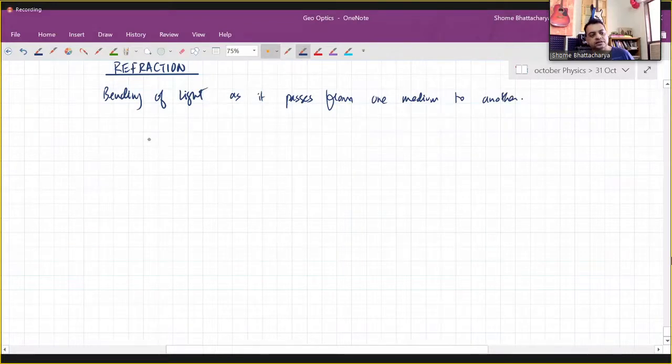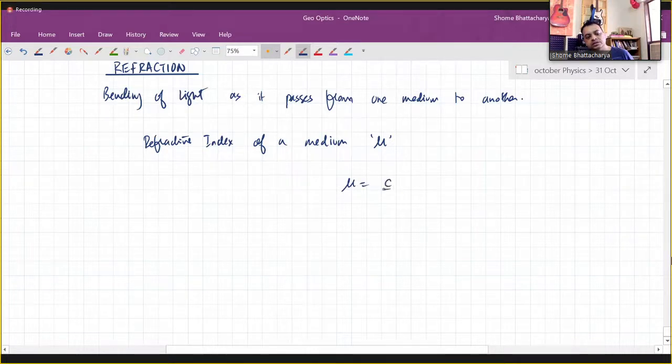So we have the definition of refractive index, which we will denote with the symbol mu. So refractive index of a medium is basically equal to what? It is c by v.